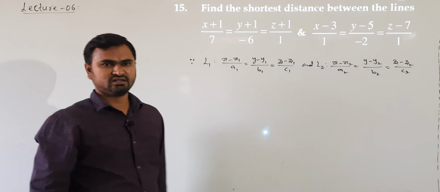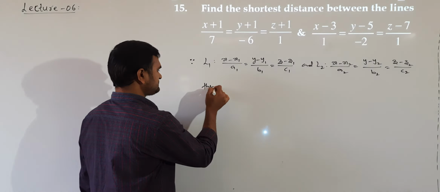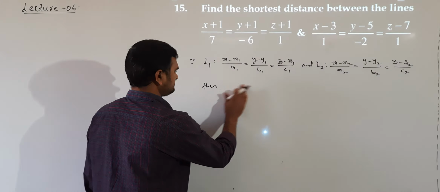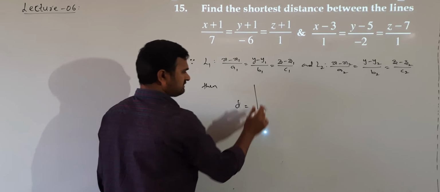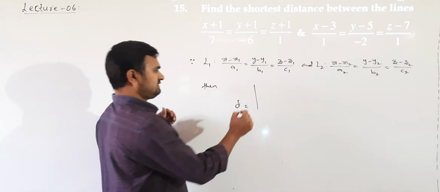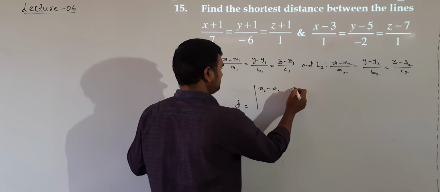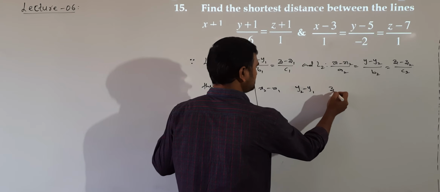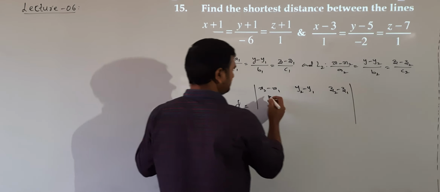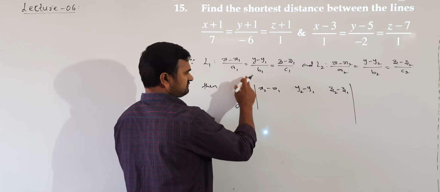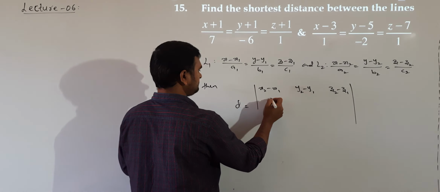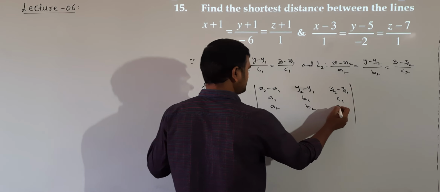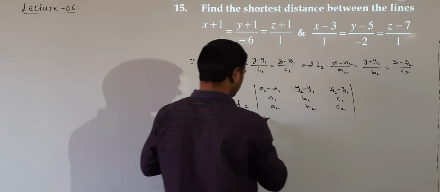If the lines are in Cartesian form, then the distance between the 2 lines is given by the determinant of x2 minus x1, y2 minus y1, z2 minus z1; next, the components of the parallel vector of the first line, a1, b1, c1; next, a2, b2, c2. You have to find this determinant, that is the numerator.